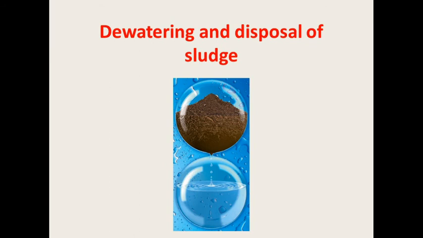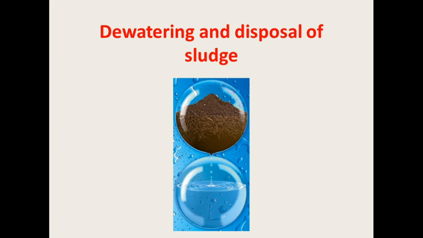If you consider the thickening process, we can use a thickener. In drying, we can use a disc dryer or drum dryer. In mechanical dewatering, we can use a belt press, filter press, or centrifuge.